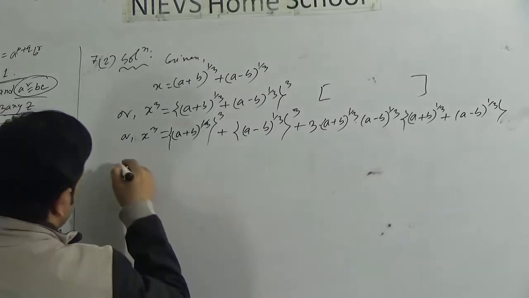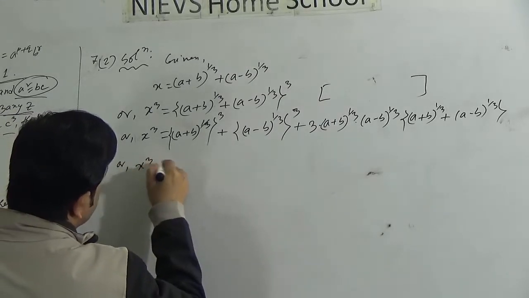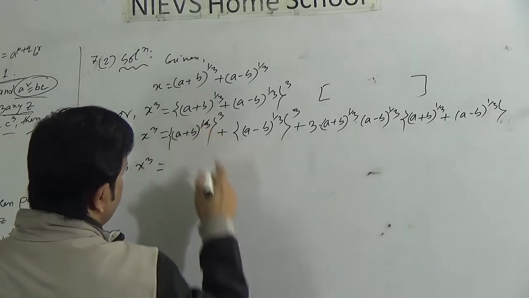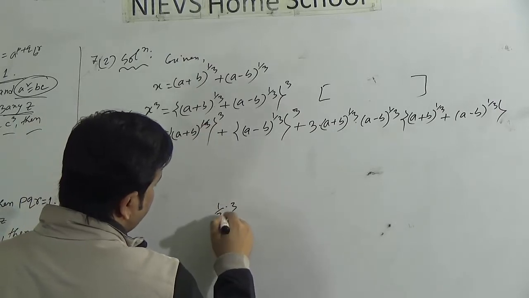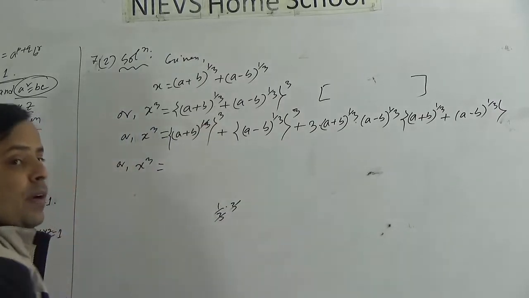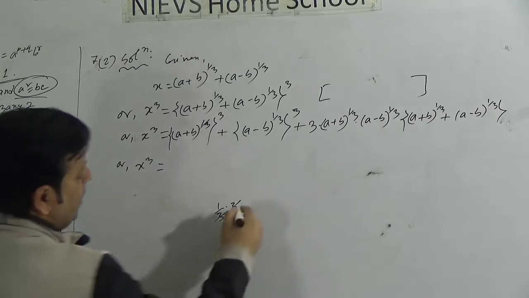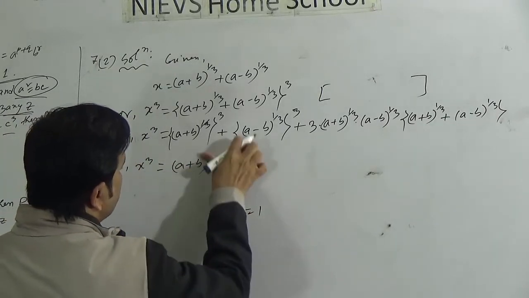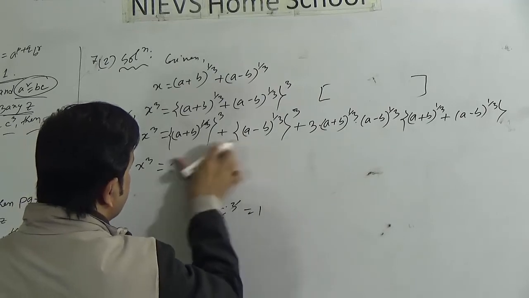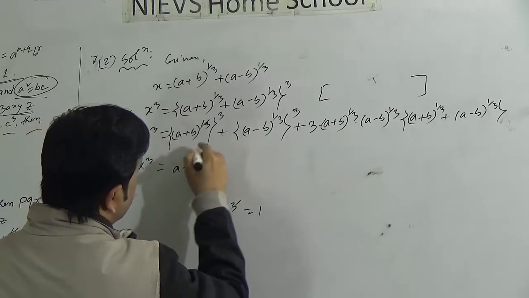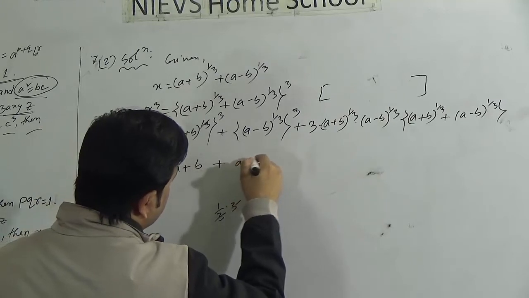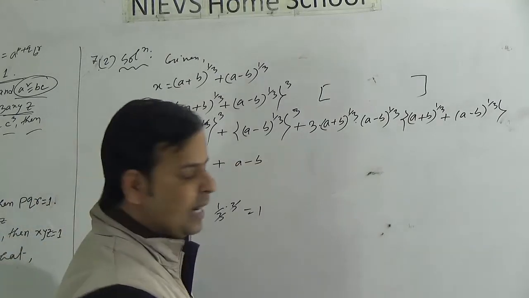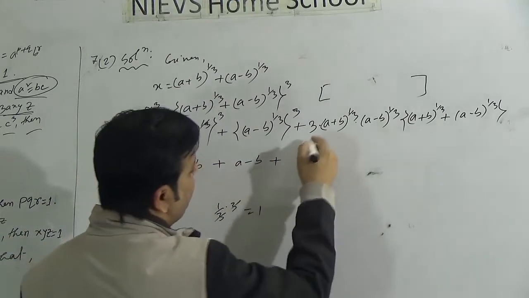Dear students, so now see x cube is equal to, here this 1 by 3 and 3. If we take the product of the power and the whole power, we will get 1. So (a plus b) whole to the power 1 means nothing here. We can write only a plus b for the first term, and for the second term similarly we can write only a minus b, then plus 3.